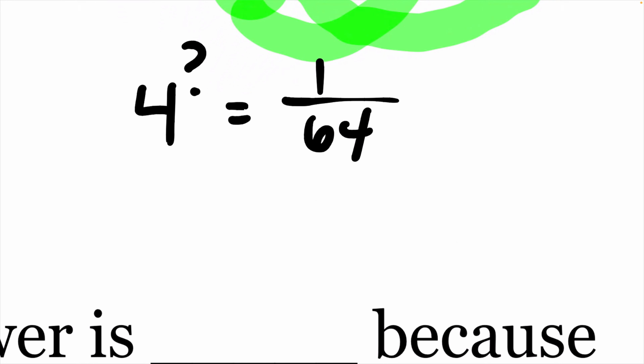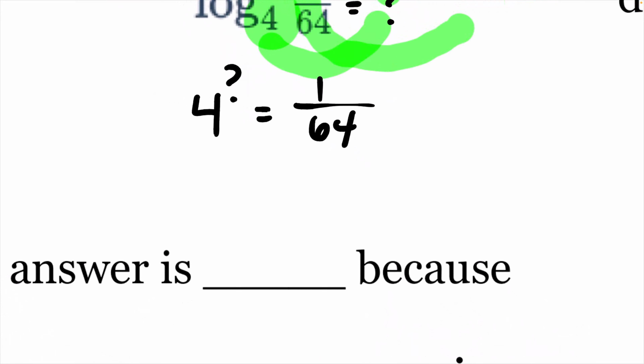That negative power doesn't mean a negative number. It means move to the ground and make it positive. And then what happens when you go 4 times 4 times 4? You get 64, right? So the missing power is going to be negative 3.